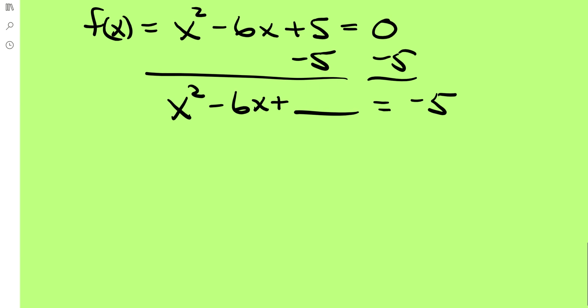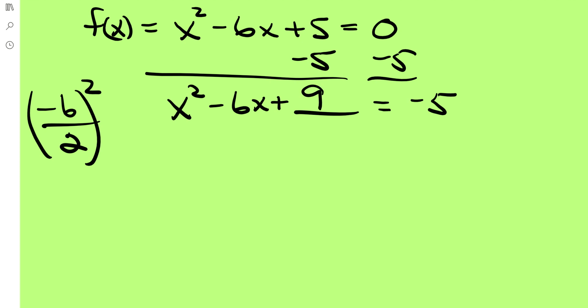Let's fill in this blank here, and we do that by taking the middle term, negative 6, divided by 2, and then I'm going to square it. So this is going to end up equaling 9, so I'm going to add 9 to both sides.